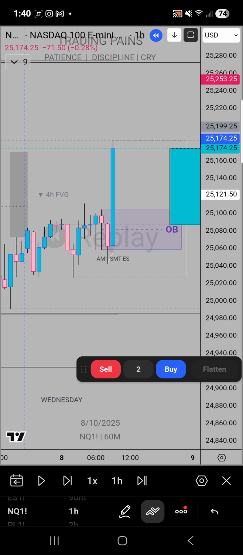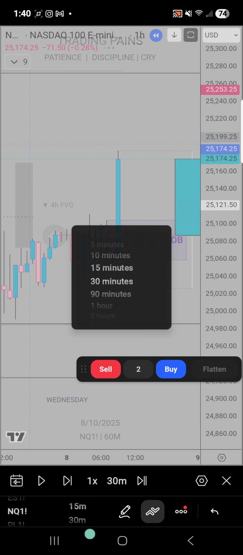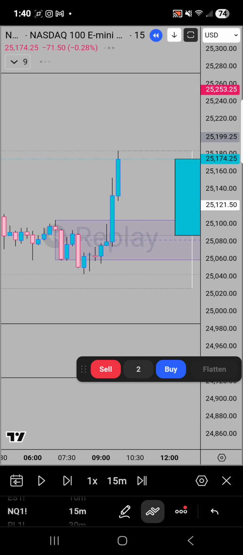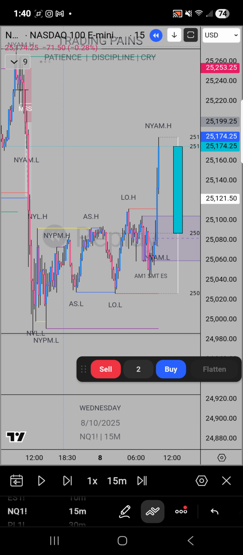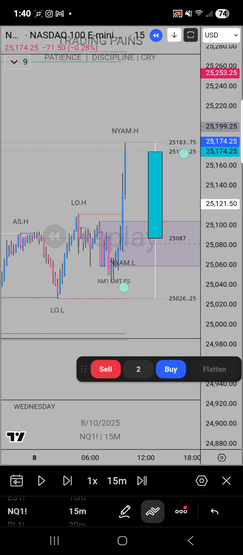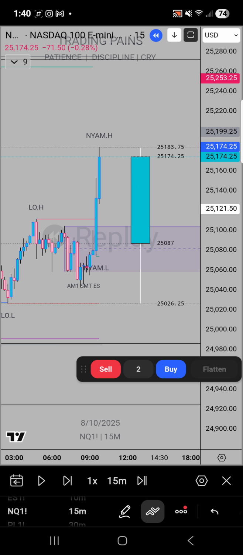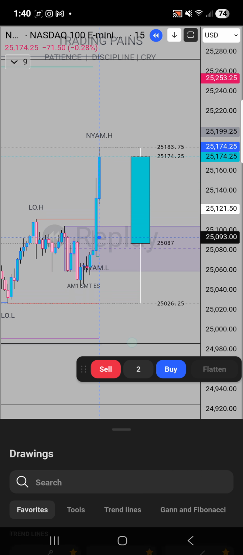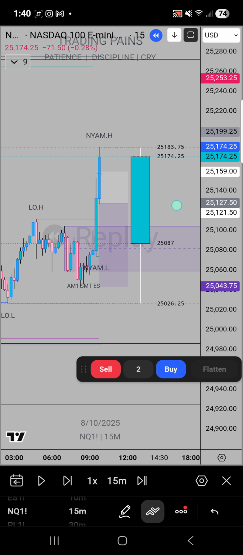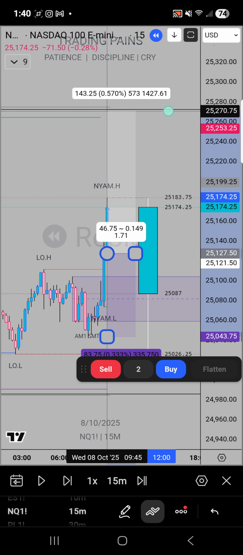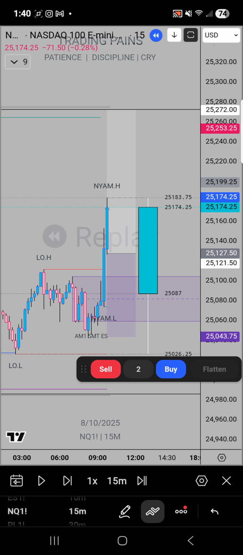Yeah, order block. Okay, so now 15 minutes. It took out Asia low and London high. So I think we can make it all the way up there. I would like to see it come back down here where we could set all orders right there.